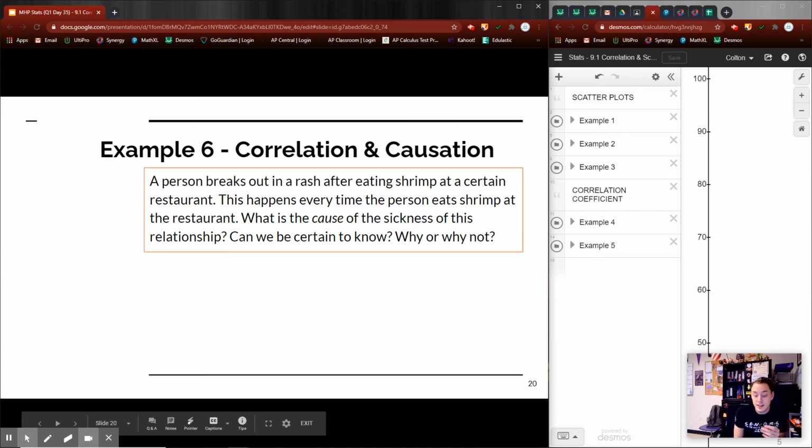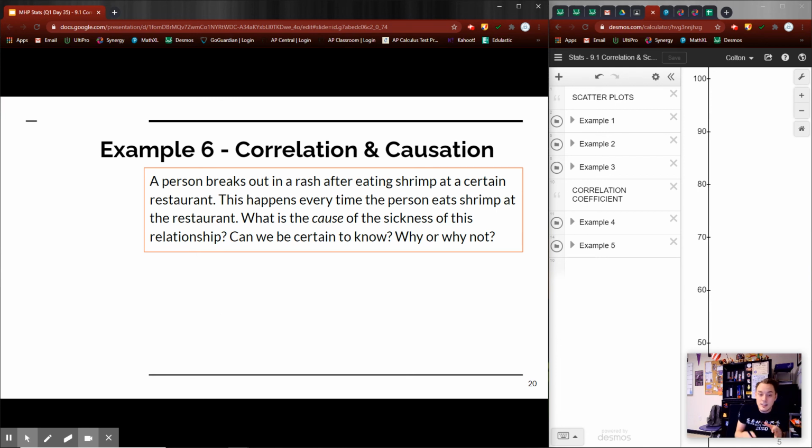Well, honestly, guys, it may seem like this relationship between eating shrimp at the restaurant is the cause of your sickness. However, just because it seems that way, just because there's a correlation, does not mean that the shrimp has caused your sickness.